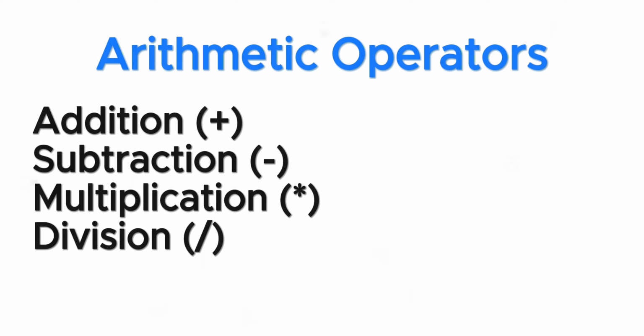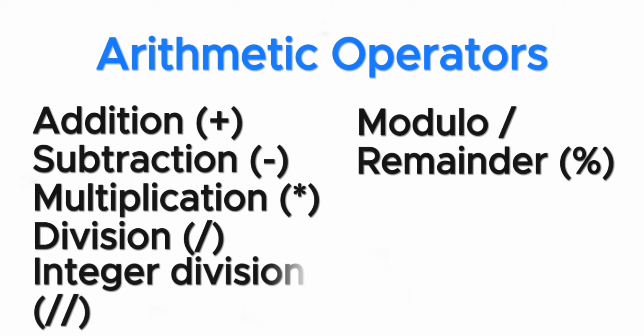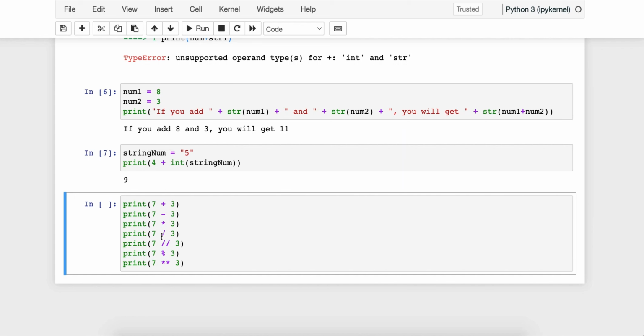But there are also some not as recognizable ones. For example, the percent sign is actually the modulo function, which gives the remainder of a division. There's floor division, which rounds down a division to the nearest integer, and there's also the power or exponents, which raises the power of a number to another number.